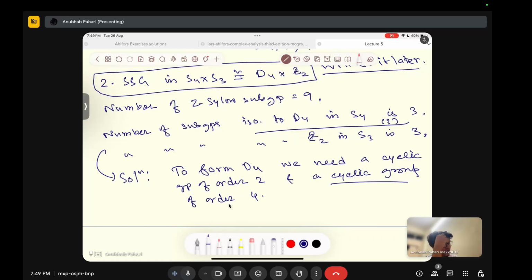Because this will be our rotation group. So D4 is of order 8. Yes, D4 is of order 8.